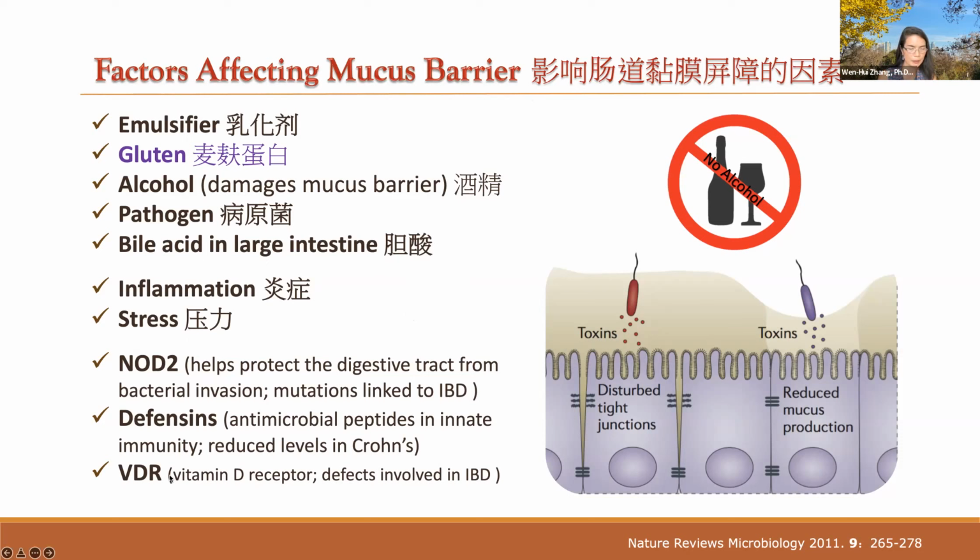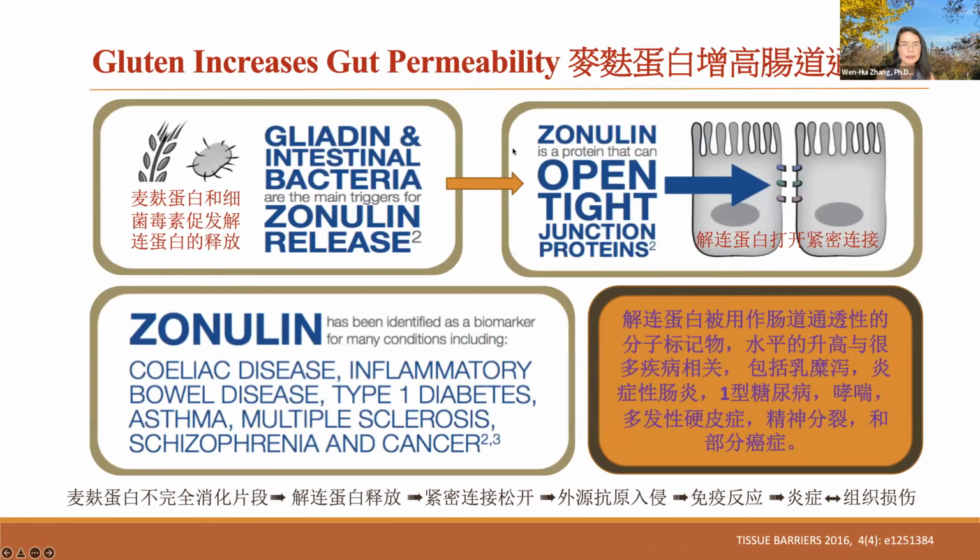It could be the vitamin D receptor variation, not able to metabolize vitamin D efficiently. And gluten, gluten is the protein found in wheat. Gluten in the diet may increase the gut permeability.